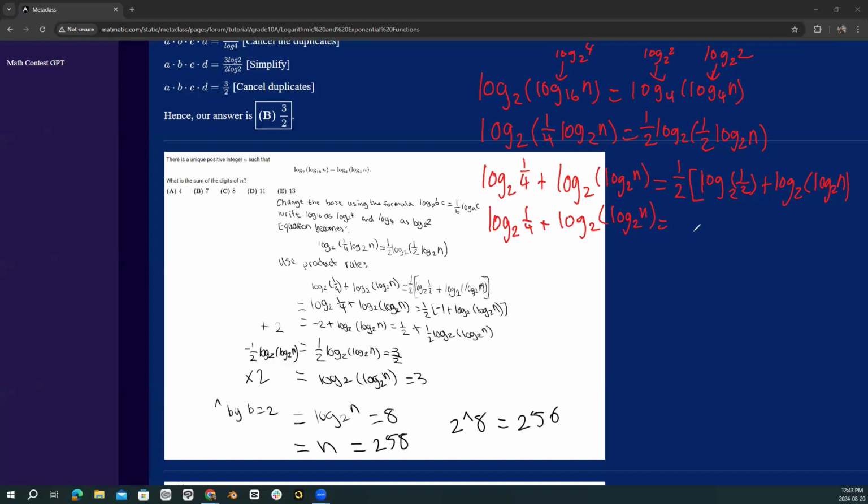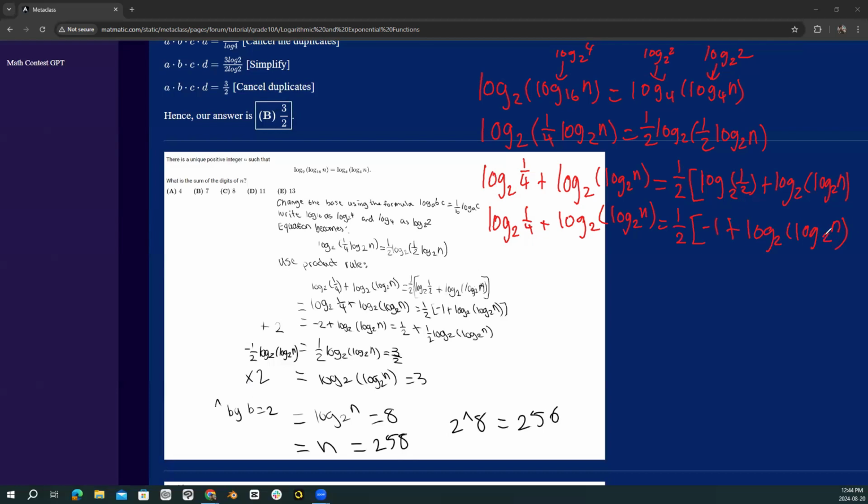So that would actually give us 1 over 2 to the negative 1, because it's from a fraction, plus log 2 of log 2n.